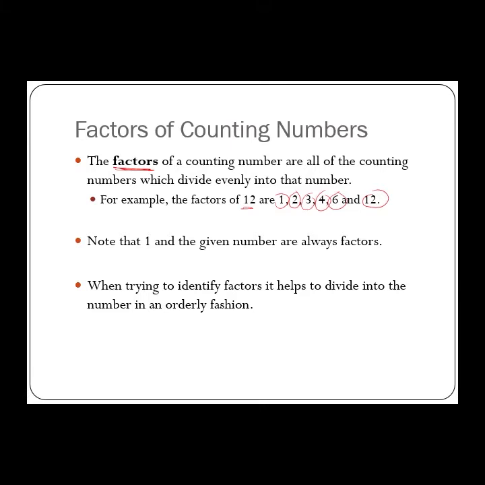So we get the factors 1, 2, 3, 4, 6, and 12. 5 doesn't go into 12 evenly, so it's not a factor. 7 doesn't go into 12 evenly, so it's not a factor. And I like to write them out in pairs, and that helps me get all the factors. They don't necessarily need to be written in numerical order. So when you're doing the homework, if you wrote 1, 3, 6, 2, 12, 4, it would still mark it correct. So however you organize your work is fine.